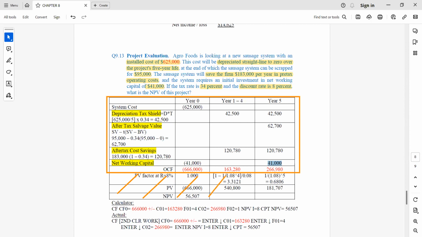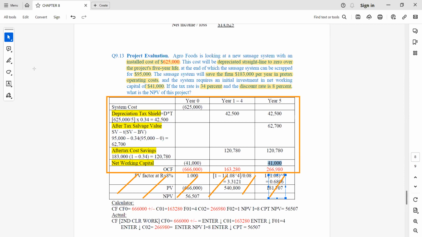Now, by looking into the upper part, you have already gotten the cash flow for each year. In year 0, you spend 666,000 over here because you add this up, negative 625,000 plus another negative 41,000. So that is a total negative value over here. Year 1 to year 4, you receive this value, and year 5, you receive this value.